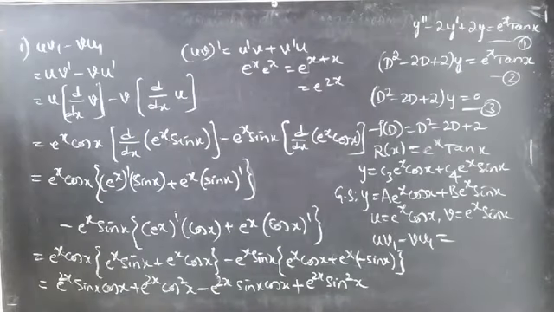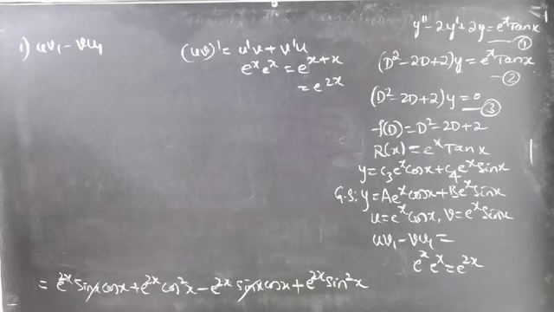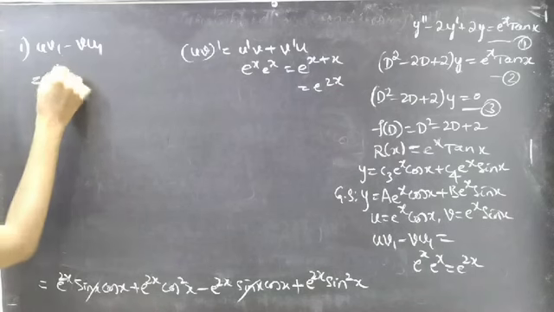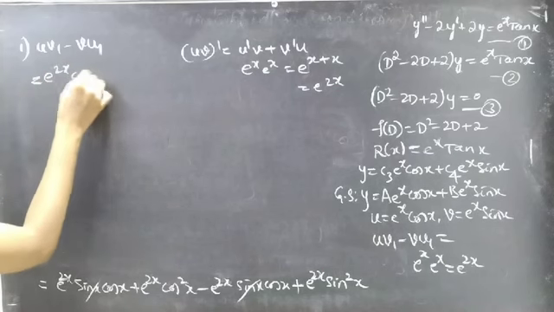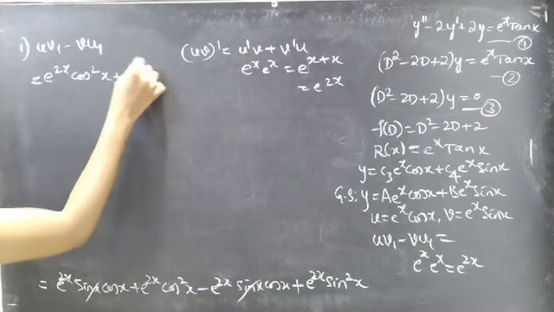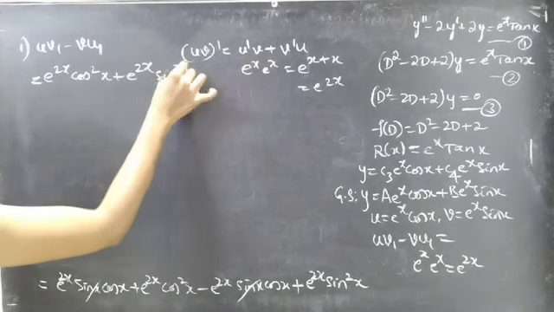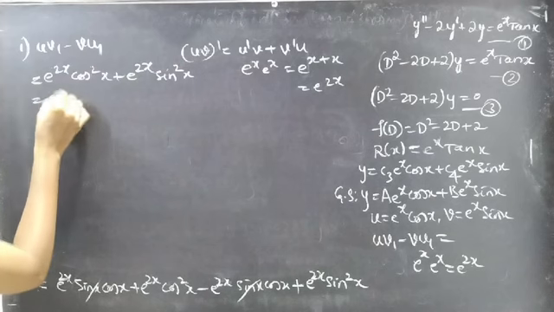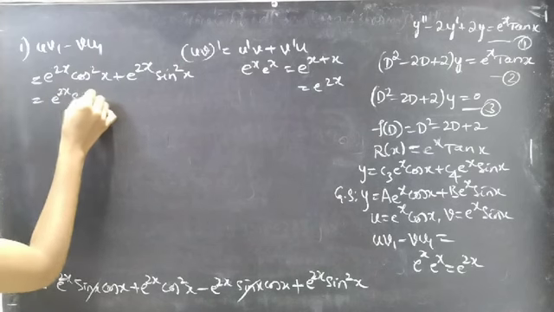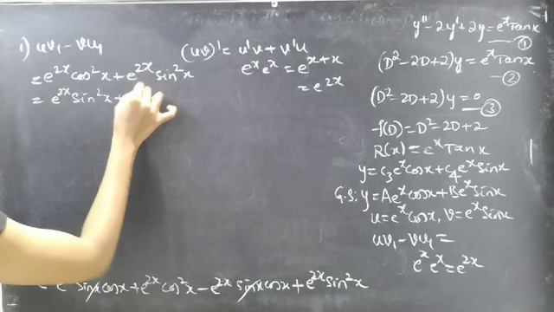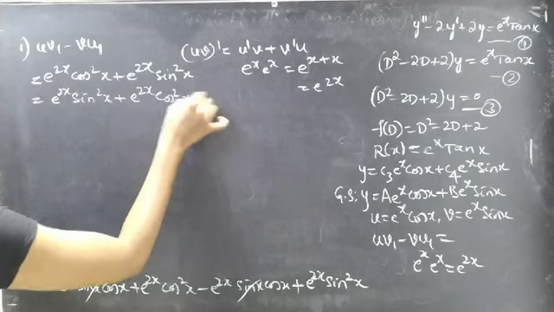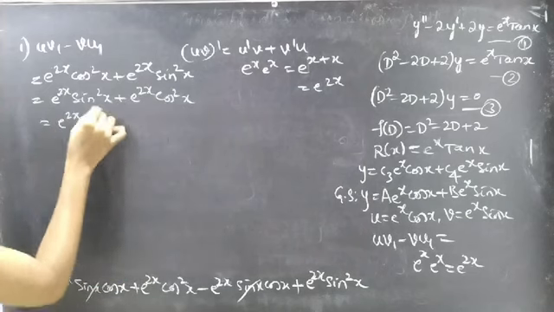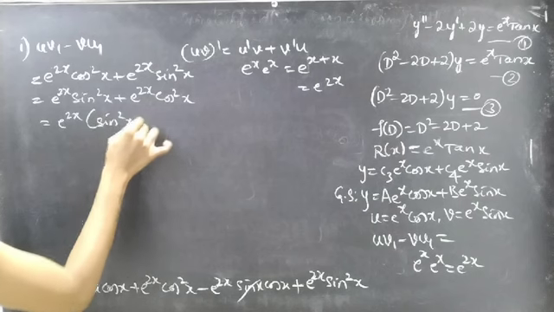So here plus e power 2x sin x cos x minus e power 2x sin x cos x gets cancelled, and you'll get e power 2x cos square x plus e power 2x sin square x. Now take e power 2x common, we'll get e power 2x times sin square x plus cos square x.